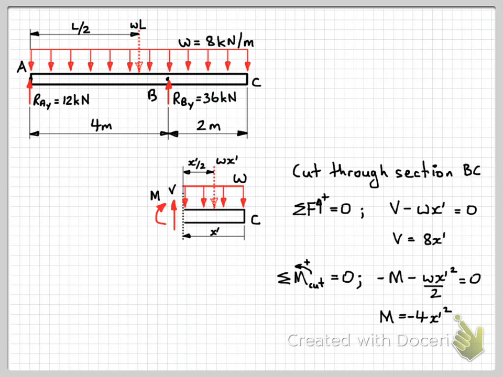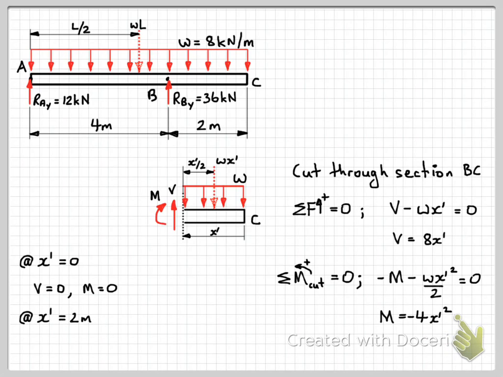So again, in preparation for drawing our shear and bending moment diagrams, let's work out some values. So at end C, where x dash equals 0, we can substitute that into our equation. So V is equal to 8 times x dash, which is 0. And our moment is also equal to 0.